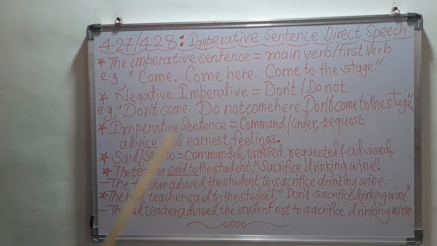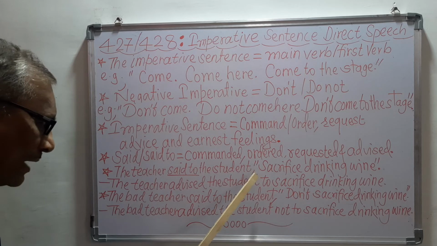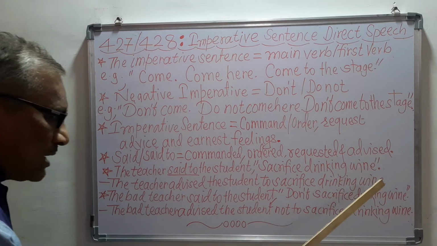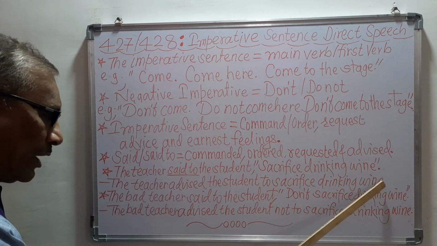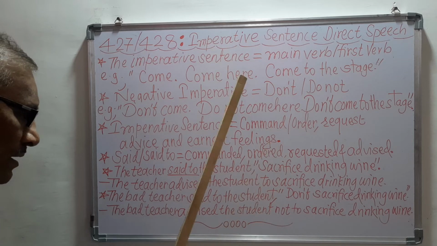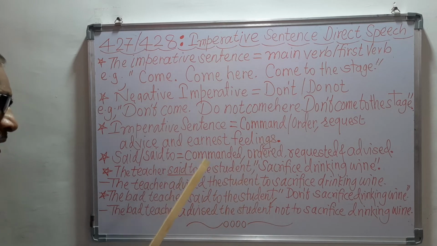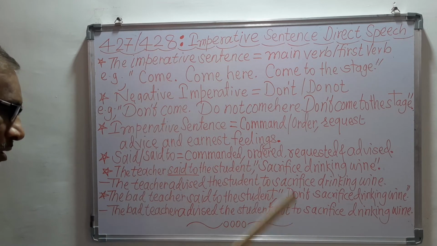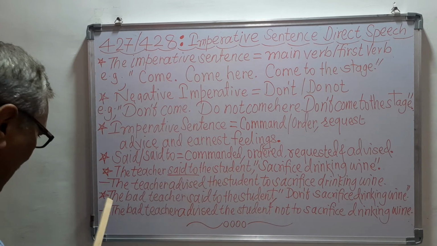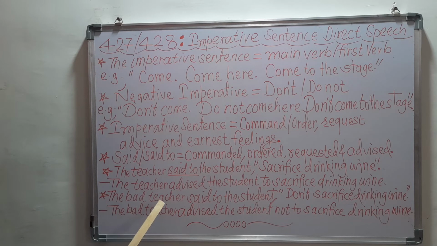Remember, I have removed all these commas and inverted commas, and I have put only the full stop at the end of the sentence. So these are the rules of the indirect speech. Always do like this.